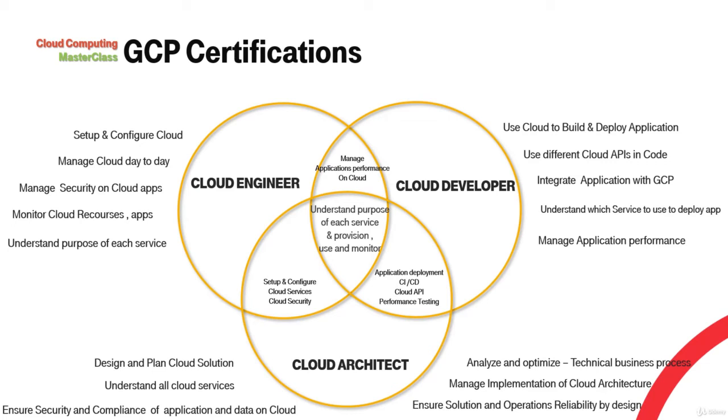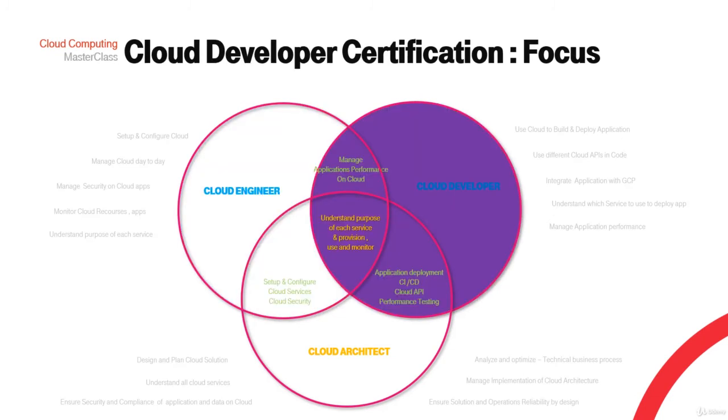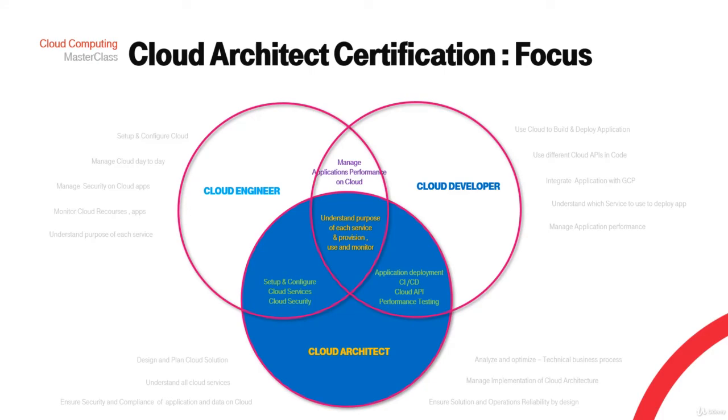So those are overlapping requirements. More importantly, understanding the purpose of each service, and provisioning, using, and monitoring it. This is the core essence for all the certifications here, like cloud engineer, developer, and architect. And then there are different focuses based on which certification you are going to pursue.